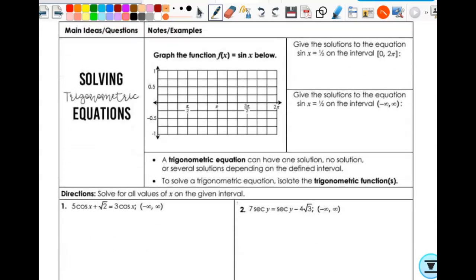Okay, so let's look at what it's asking us to do here. It says to graph the function f of x equals sine x below, which we've done this a million times, so we should be able to do this just fine. I have a 0 at 0, a 0 at pi, a 0 at 2 pi. At pi halves, I'm at 1, and at 3 pi halves, I'm at negative 1. And then you can just sketch in your graph.